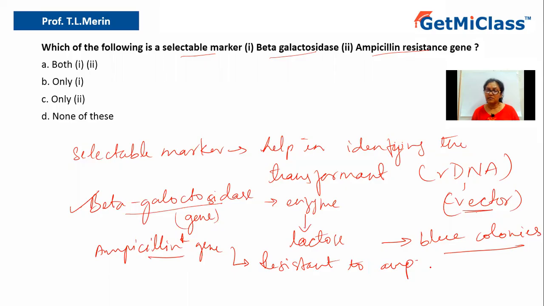So then it will definitely grow in the medium in the presence of ampicillin. Why? Because it has the resistant gene, so it will not get killed. Whereas the non-transformants will not grow in the presence of ampicillin. So that's how this also can be considered as a selectable marker.